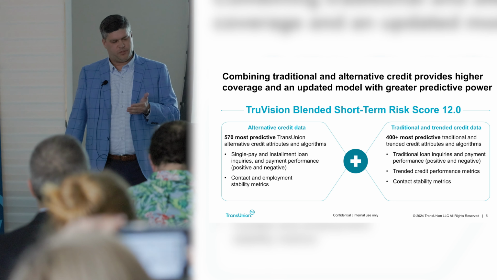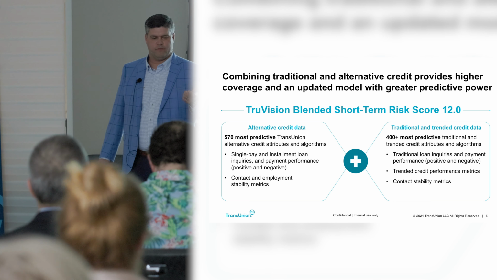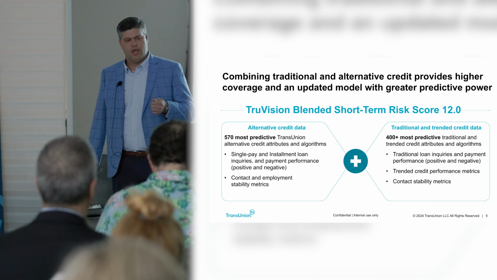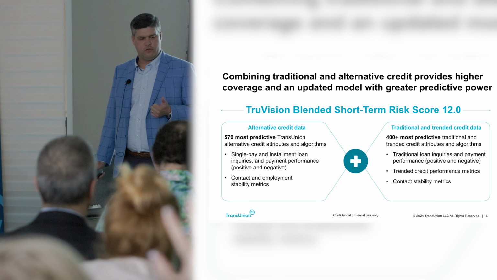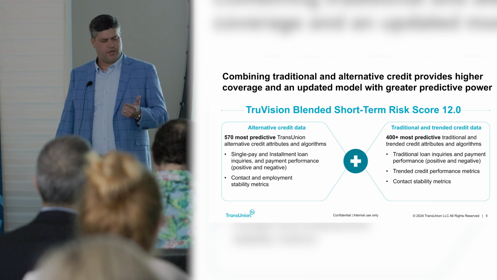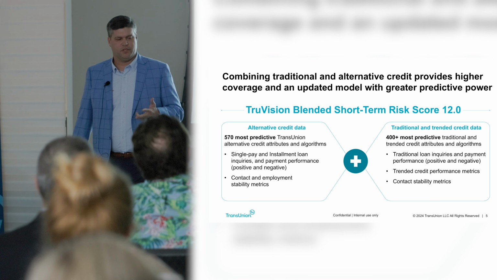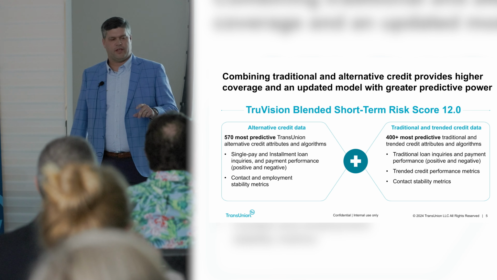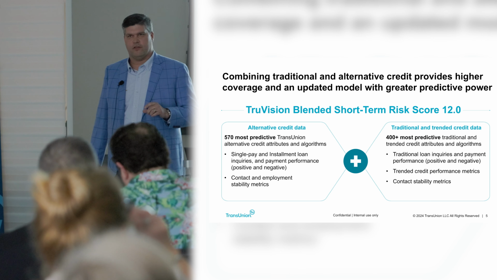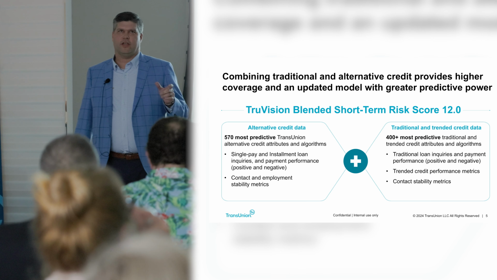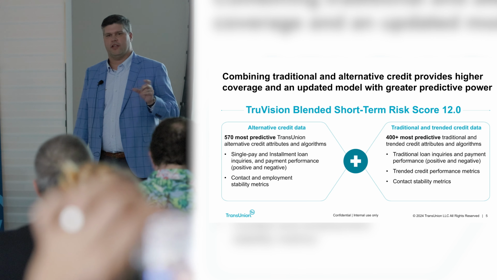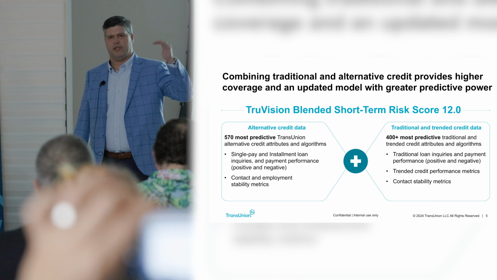On the traditional attribute side, there are 415 attributes specifically. You're looking at traditional loan inquiries of the consumer, as well as 30 months of their trended performance and their contactability stability metrics. What I can tell you is that a lot of lenders on the prime side look at credit utilization and debt load. If it's 90%, they probably won't touch them.